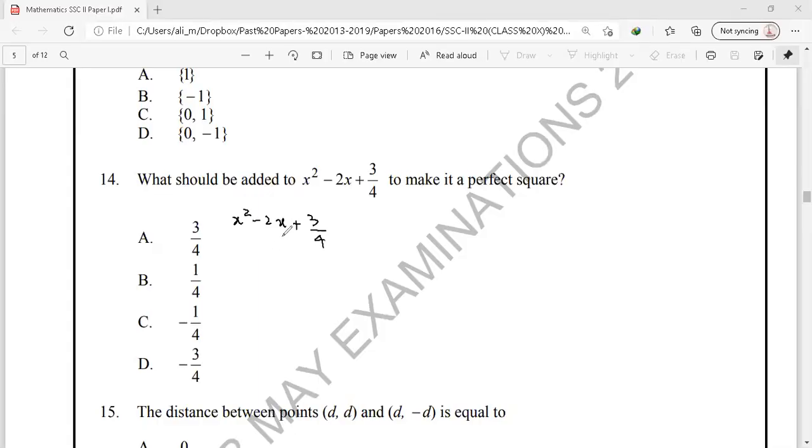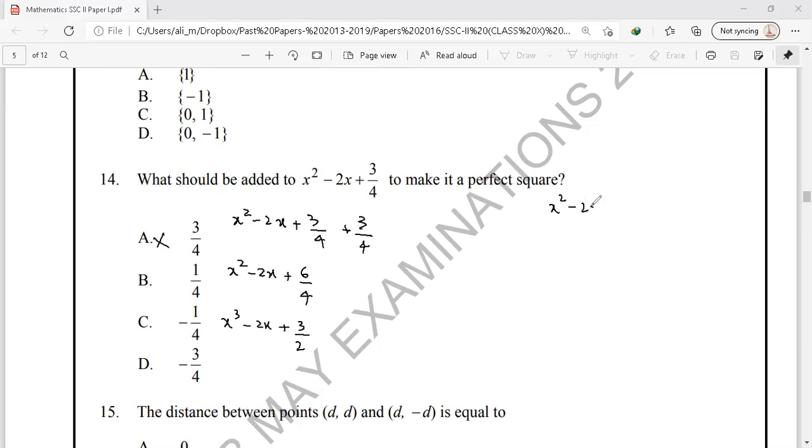So let's try to add these options. Option A, if we add 3 over 4, we will get the equation x square minus 2x plus 6 over 4, and 6 over 4 would become 3 over 2. So this expression would still not be a perfect square. It means option A is incorrect.